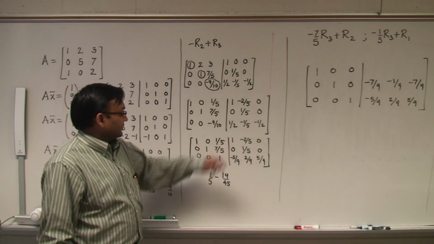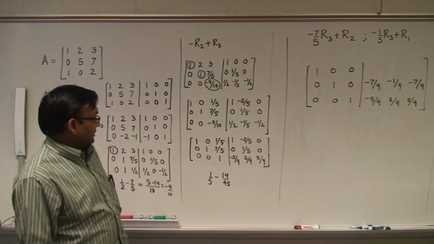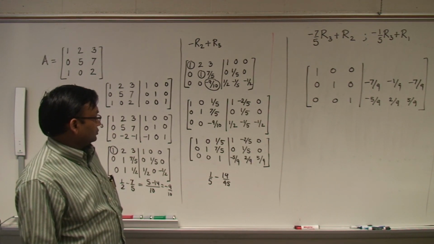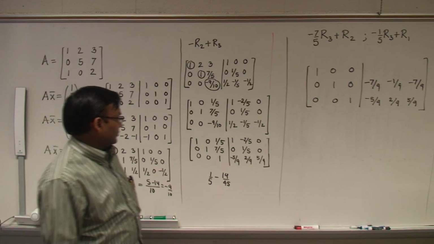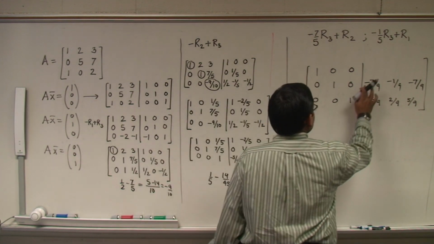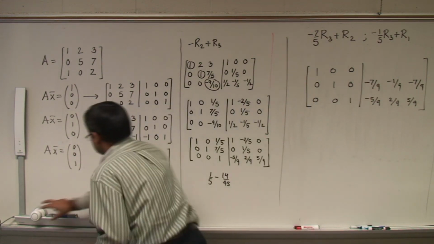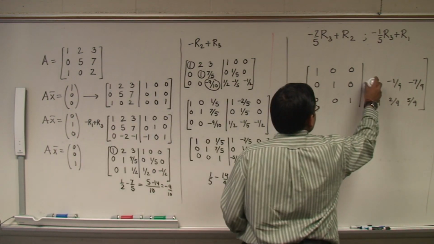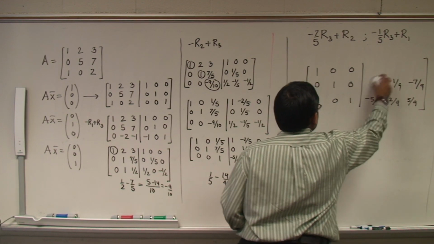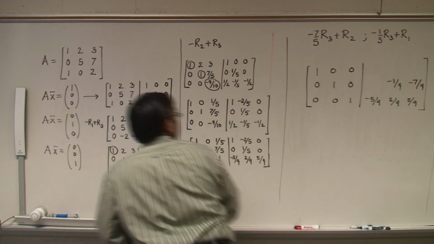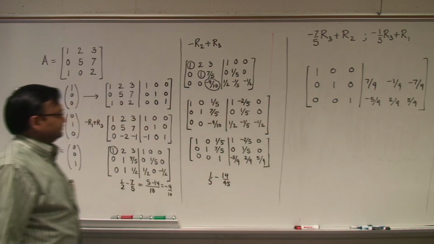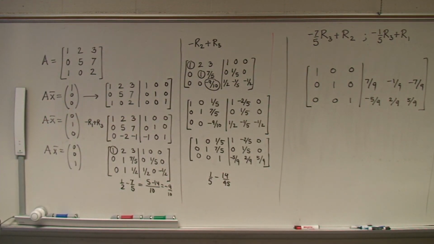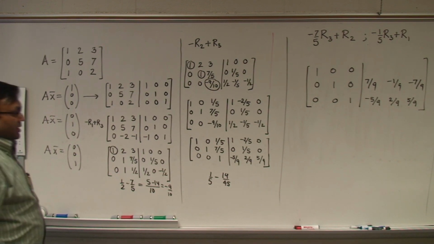Minus 1/5 plus 1 will give you, wait a second, this is not right. This should be plus 7/9. Minus 7/5, okay.